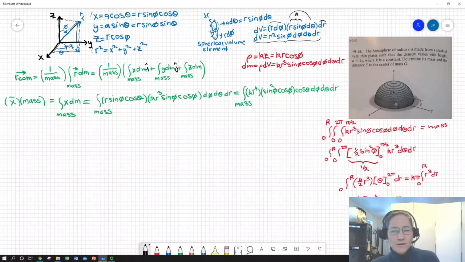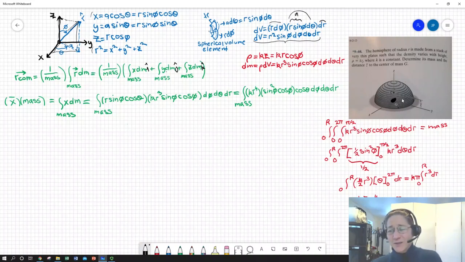R is, of course, x in the i hat direction plus y in the j hat direction plus z in the k hat direction. Break that vector up and then express it as the integral of a sum. Then we'll evaluate each one of these separately and divide by mass, and we'll get components of that radius vector from the origin, which is right here, to wherever it may be.